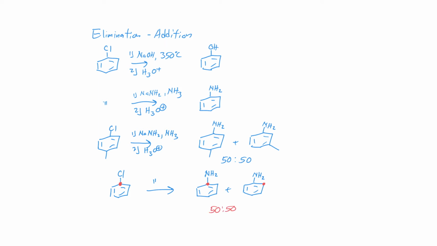So this led scientists to propose an interesting mechanism. Let's look at chlorobenzene, and we'll put the methyl group on here so we can keep track of different regioisomers. We have hydroxide ion and lots of heat. Remember, on the previous slide I showed you 350 degrees Celsius.